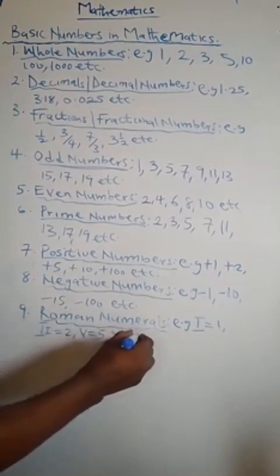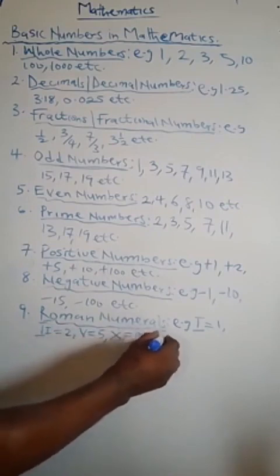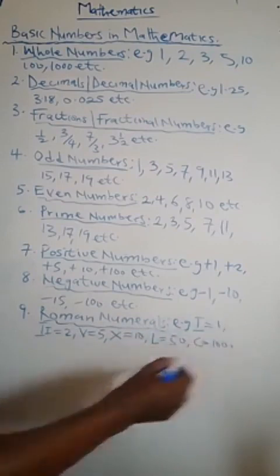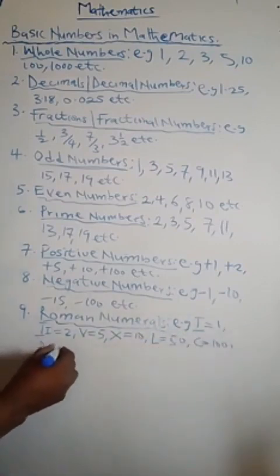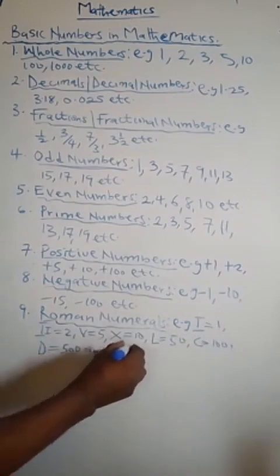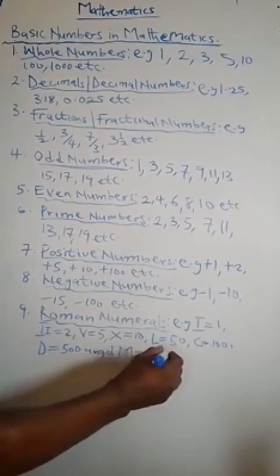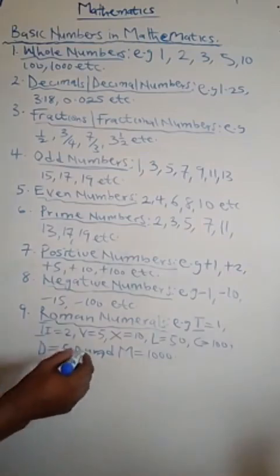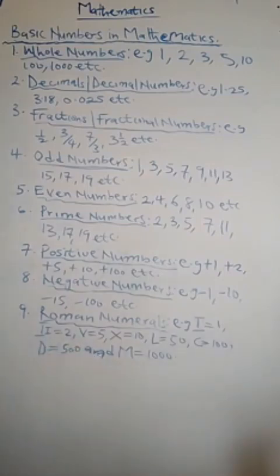X, which means 10. L is 50. C is 100. D is 500. And M is 1000. So there is a set of rules to be followed in order to write correct Roman numerals. We'll discuss this in future.